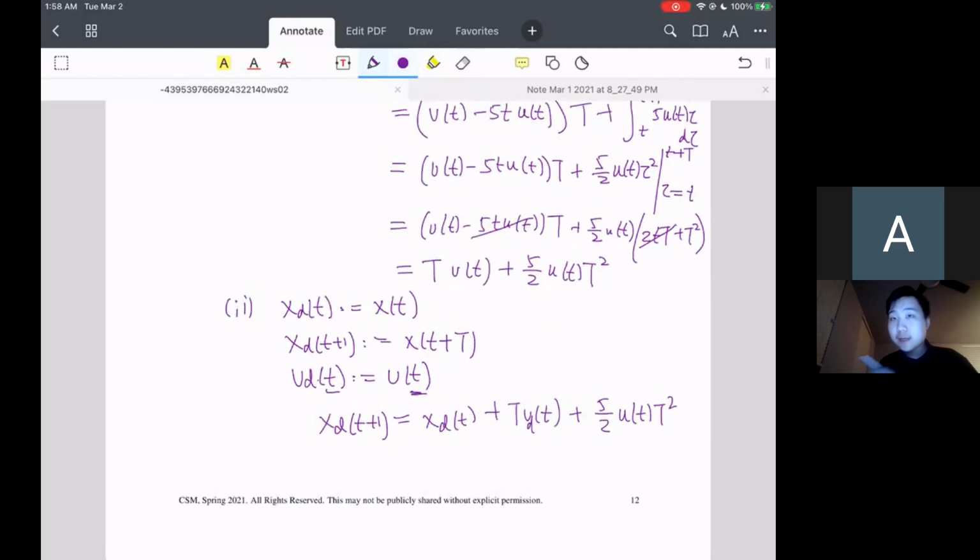It then follows that the desired values are alpha equals 1, beta equals T, and ud of t is equal to 5 times u of t T squared over 2.